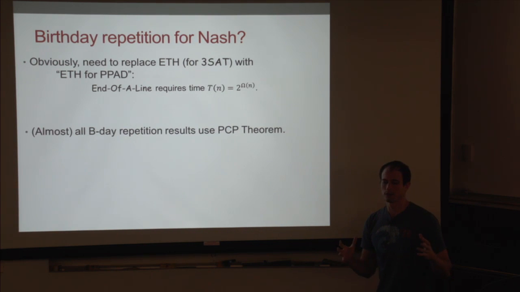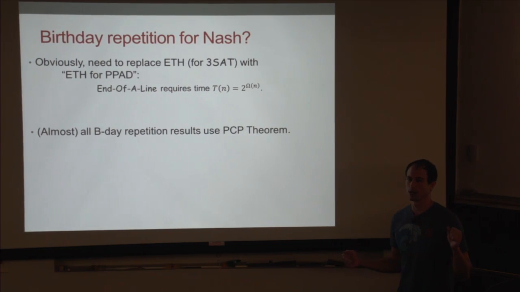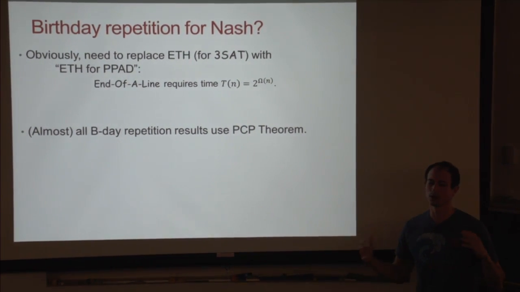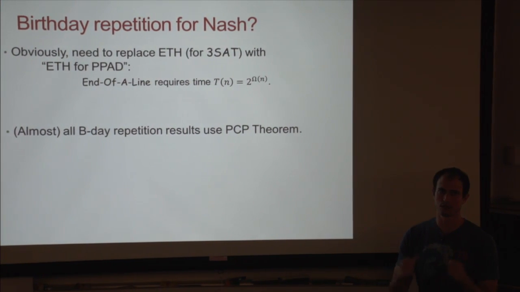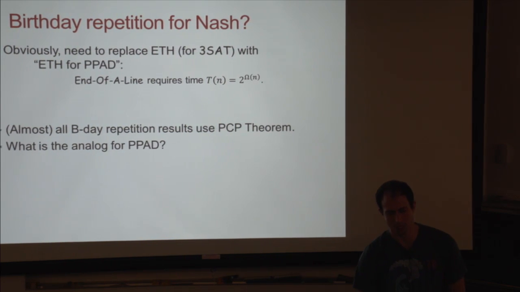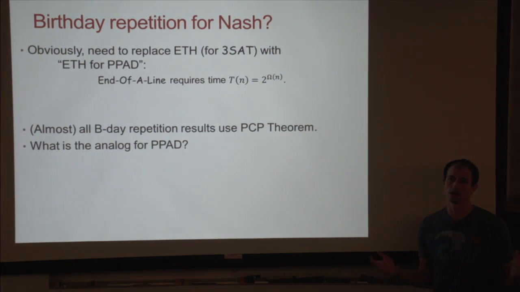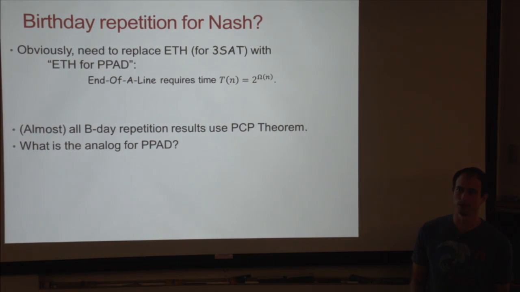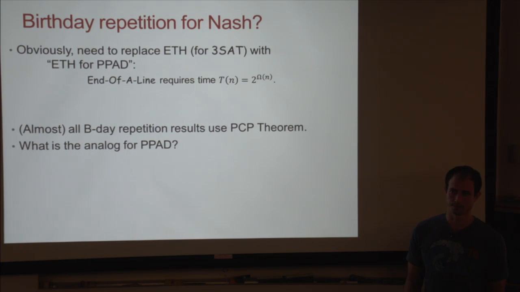The second thing is that almost all of these Birthday Repetition results use the PCP theorem. So they start from gap 3-SAT, and then they do Birthday Repetition. And it's not clear, or was not clear, what is even the analog of the PCP theorem for PPAD.